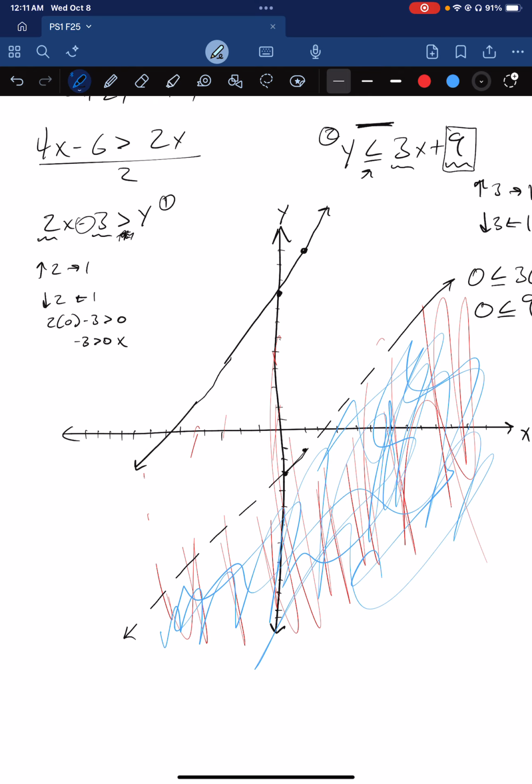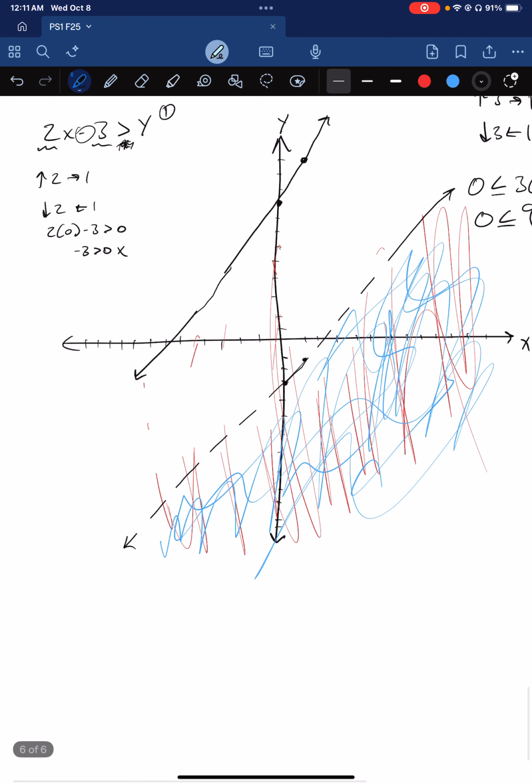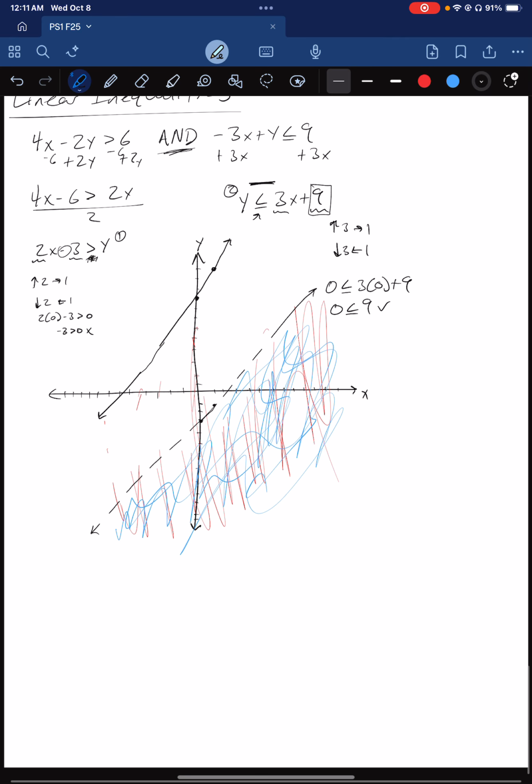Nothing seems just blue. It might be because I'm a bad drawer. I don't think it is. Eventually there would probably be some just blue, but it's not on this graph, so it doesn't matter. Anyways, this is the final image you would need.